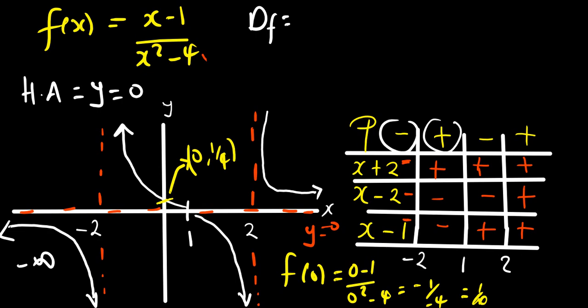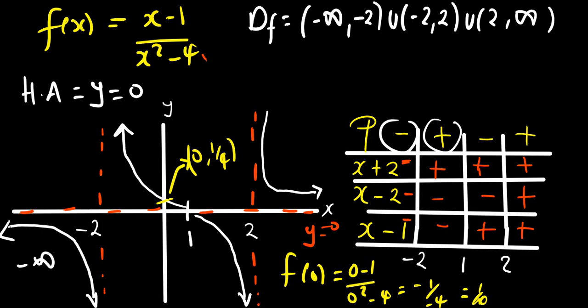So the domain will be from negative infinity to negative 2, union negative 2 to 2, that whole range there, union 2 to positive infinity, throughout.